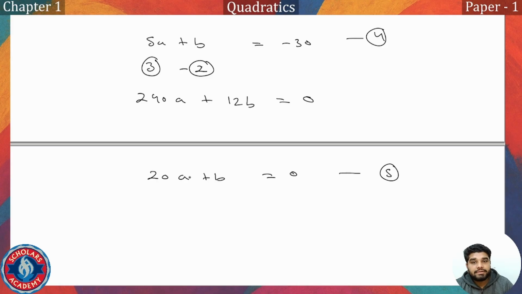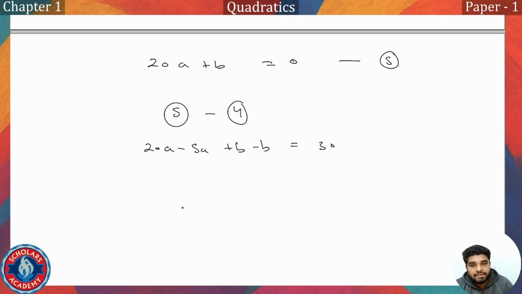So from here I get, if I simplify equation number 5 and equation number 4, if I subtract equation 4 from equation 5, I get 20a minus 5a plus b minus b is equal to 30.